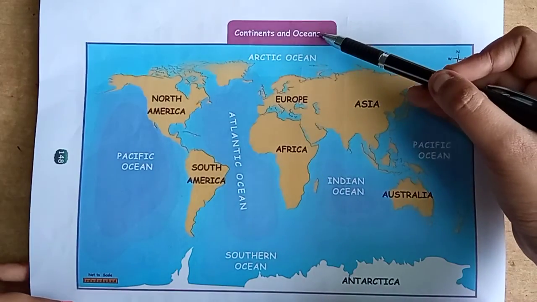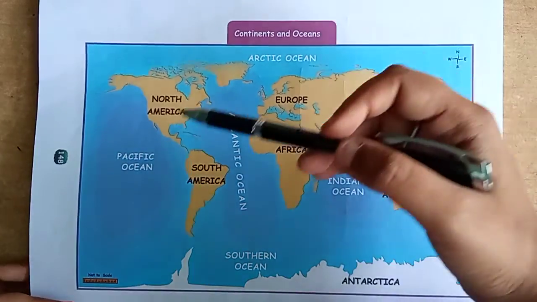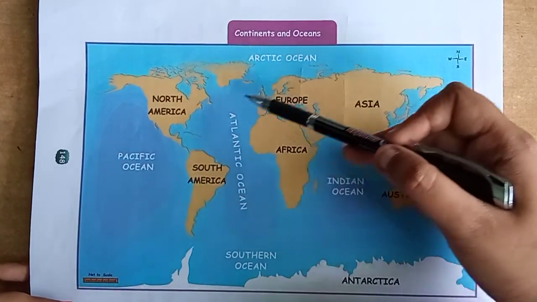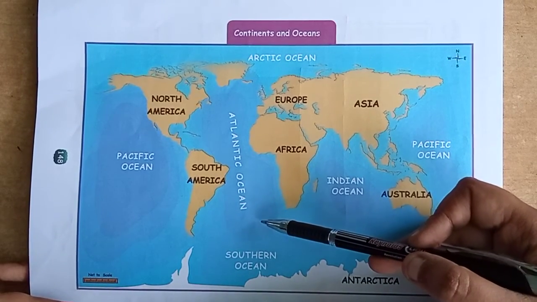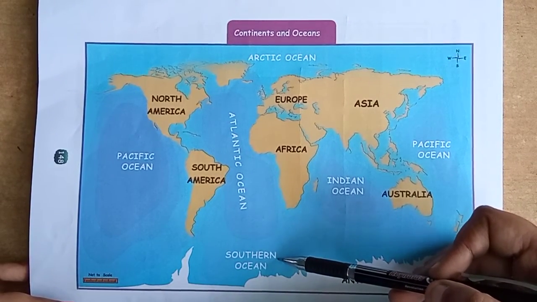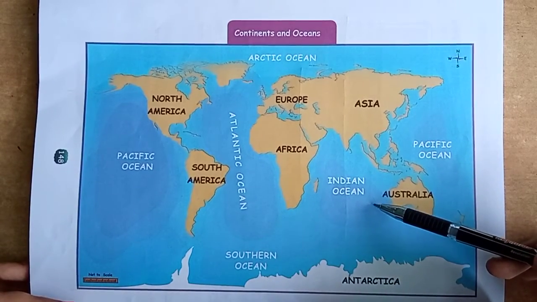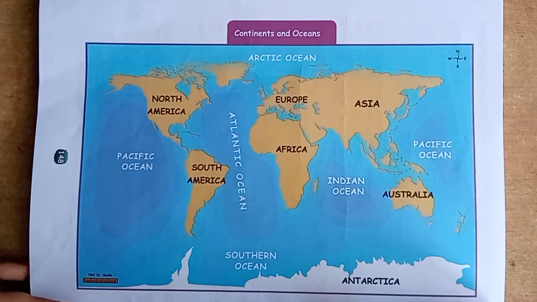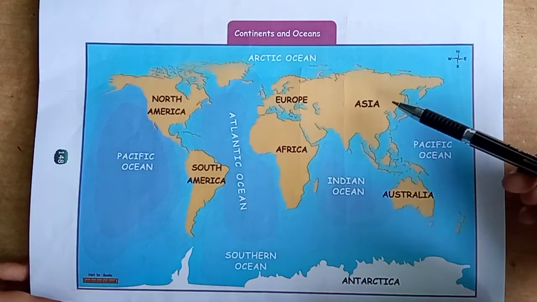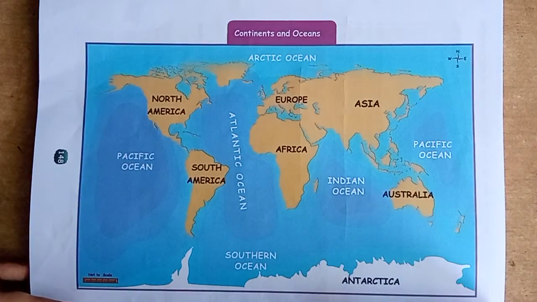What are the oceans? Pacific Ocean, Arctic Ocean, Atlantic Ocean, Southern Ocean and Indian Ocean. Clear, dears? We are in Asia. Shall we move?